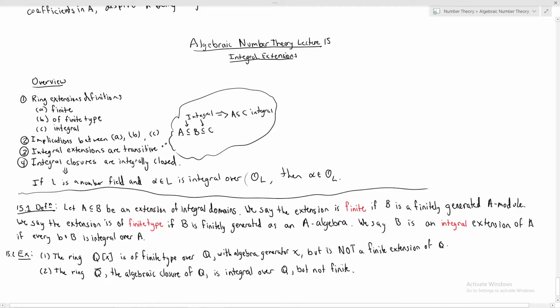Okay, how do I tell this isn't finite? Probably the easiest way to tell is that it contains subspaces of any arbitrarily large dimension. So note, for example, maybe Q adjoin, what do I want to say here?